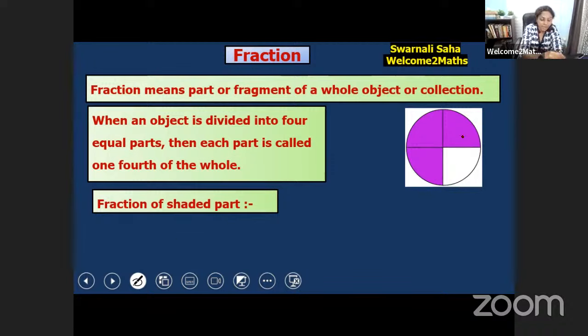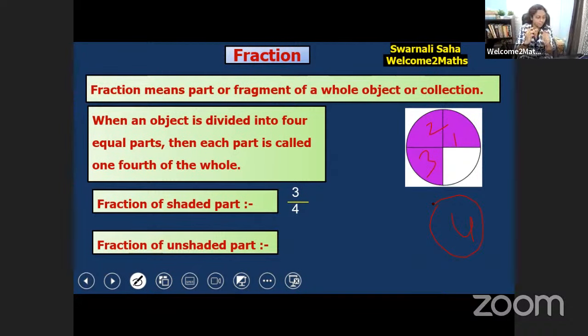There are four whole parts and the shaded part is 3, so the fraction of the shaded part would be 3/4. The fraction of the unshaded part, there is only one part unshaded, so it would be 1/4 because there are four whole parts. The fraction of the unshaded part is 1/4 and the shaded part is 3/4.